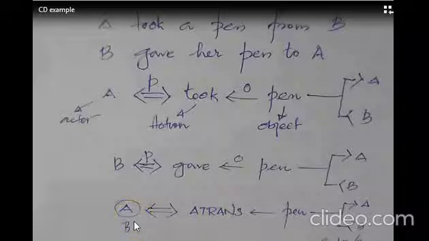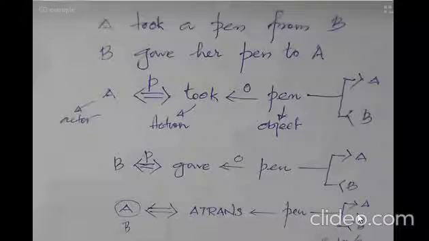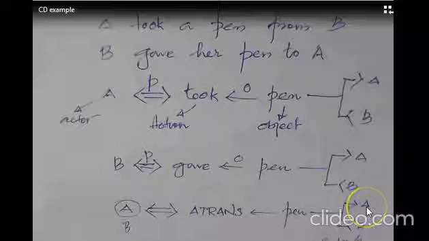We can even replace this A and B with PP, which is the short form of picture procedures. They will be performing the actions. So we can replace this A with PP, B also with another PP.